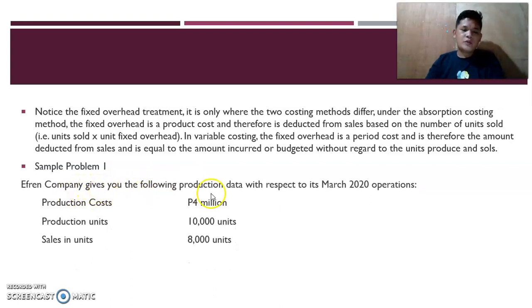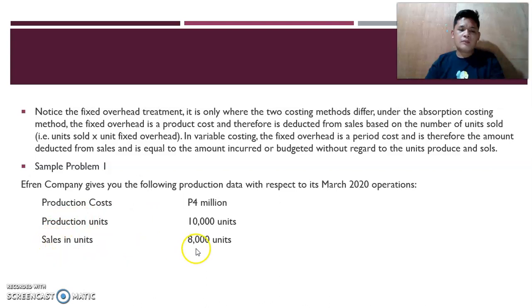Efren Company gives you the following production data with respect to its March 2020 operations. So, production cost niya is 4 million. Production units, 10,000 units. Sales in units, 8,000. So, ito daw yung gastos niya, all in all. Ito naman yung na-produce niya, 10,000 units.